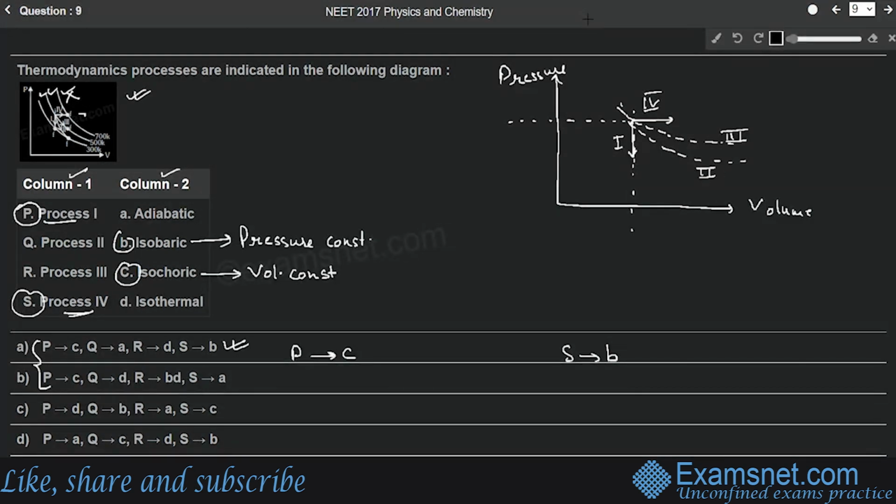Okay, so second one has steeper slope, so it will be adiabatic, and whatever is left, that is isothermal. Okay, so the second one, that is Q, will be matched with first one, that is adiabatic. Okay, so Q will be matched with A, and therefore R will be matched with the remaining, that is D. Okay, therefore option A will be the correct answer.